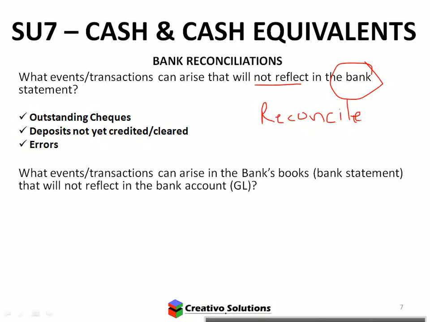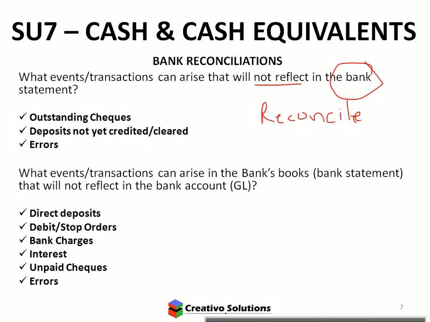What else? Direct deposits or debit orders, stop orders. Good. So those are the different options. Bank charges, interest, unpaid checks.